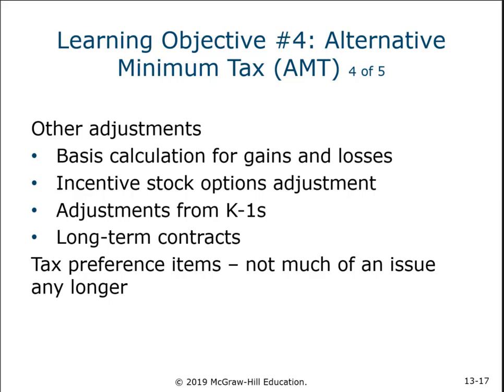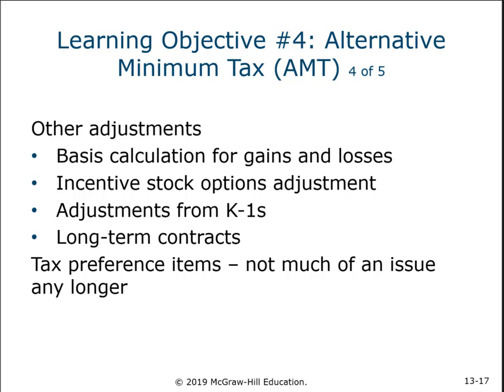Incentive stock options are adjusted for when there's income that's added to your AMT that's counted as income when you get stock options. Incentive stock options basically mean that you get them at the current price and then you get the benefit of them going up. Okay?